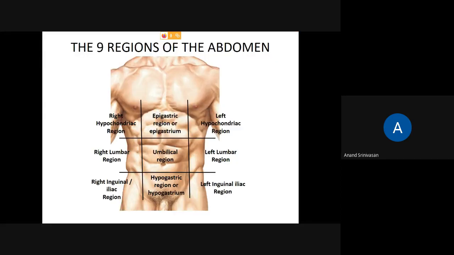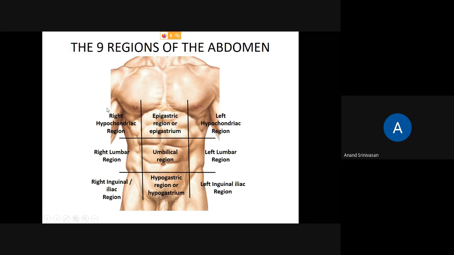So the right iliac region means cecum and appendix, and in the left iliac region, what is located? It will be the end point of the descending colon, which is called a sigmoid colon. The sigmoid colon is located here, and the sigmoid colon then leads on to rectum and then the anal canal.